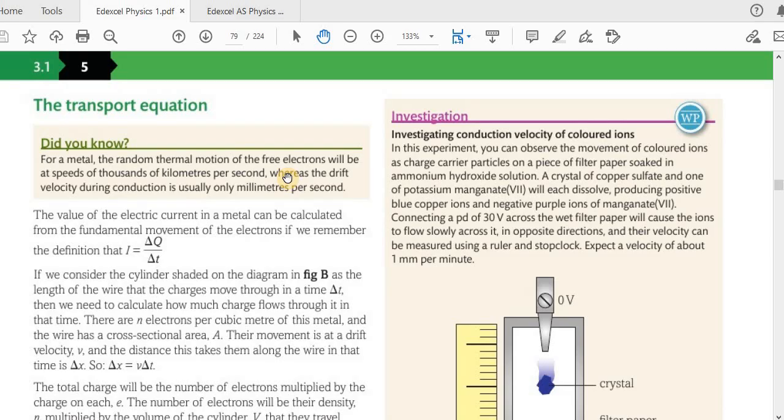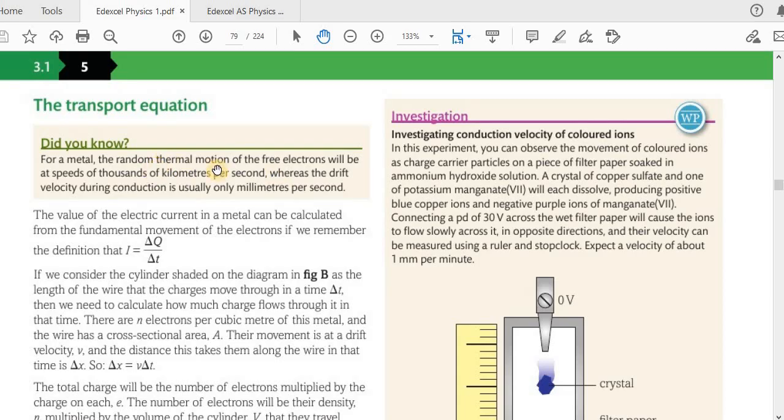If you consider any object, all objects are above 0 Kelvin, because at 0 Kelvin they would not be moving. So all those atoms and particles will be moving, vibrating if it's a solid. That's why they are always moving, so they have kinetic energy.